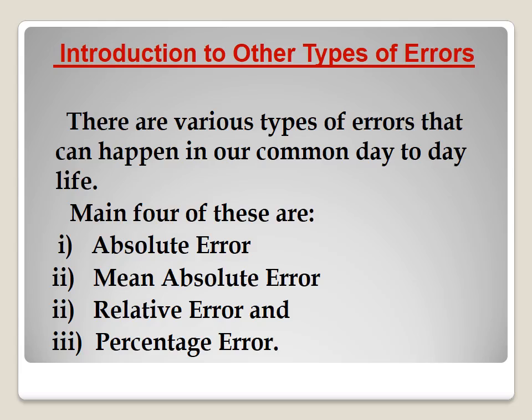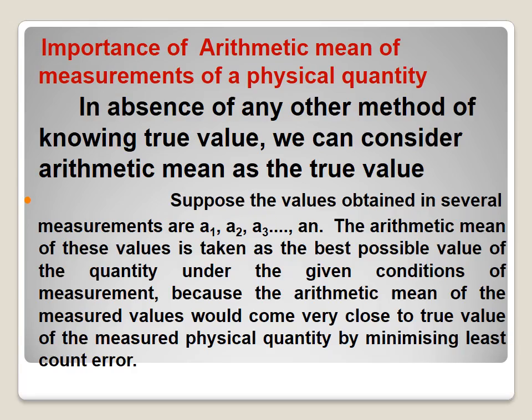First one is absolute error, second one is mean absolute error, third one is relative error, and fourth one is percentage error. Before I go to discuss these errors one by one, at first you have to know what is the importance of arithmetic mean of measurements of a physical quantity.